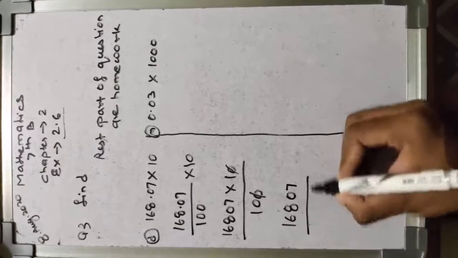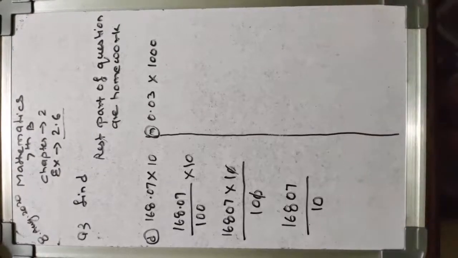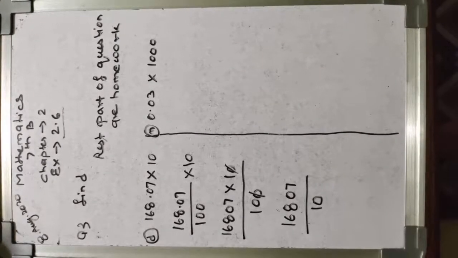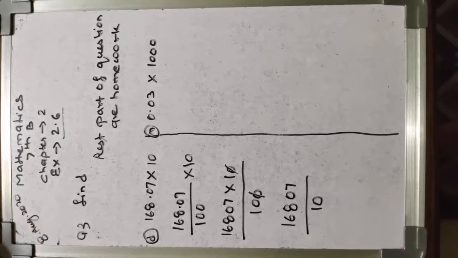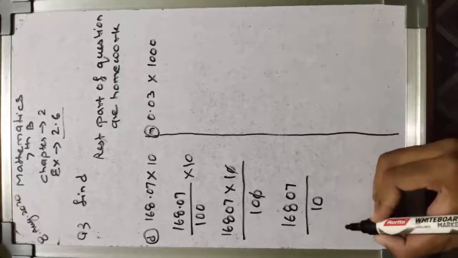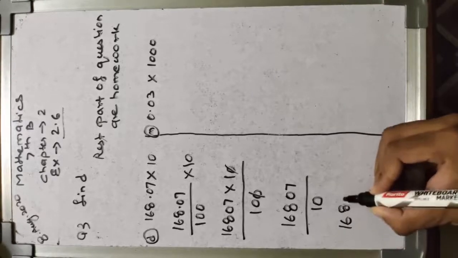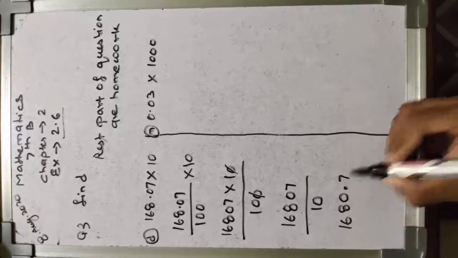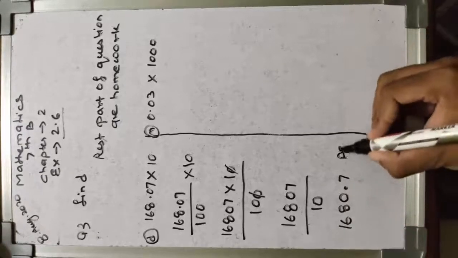So what is left? 16807 divided by 10. Now like we did in the earlier question, there is a number divided by 100, so we put decimal after tens place digit. So here there is only 1 0. So how do I solve this question? 1680 decimal 7. This is your answer.